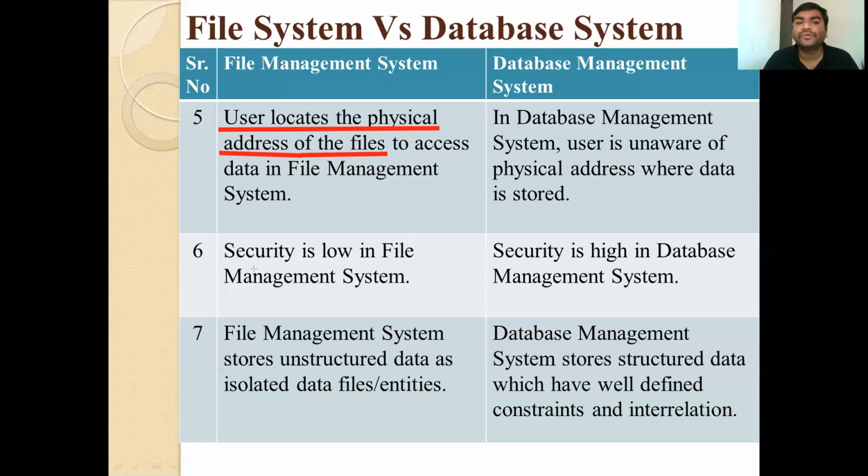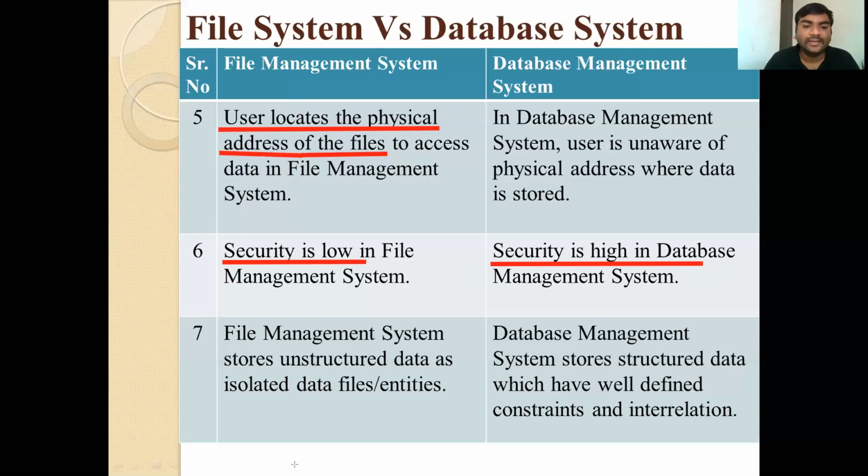The sixth one, as we have already covered, is that security is low in the file management system, because the user can locate the physical address, while security is high in the database management system because users are not able to get the physical address of your machine.